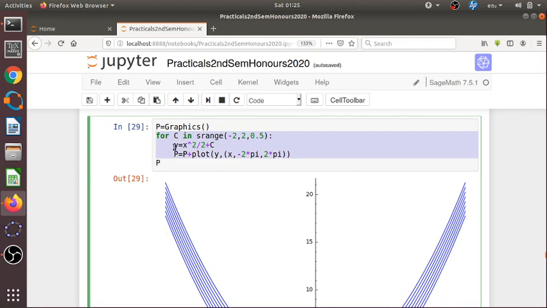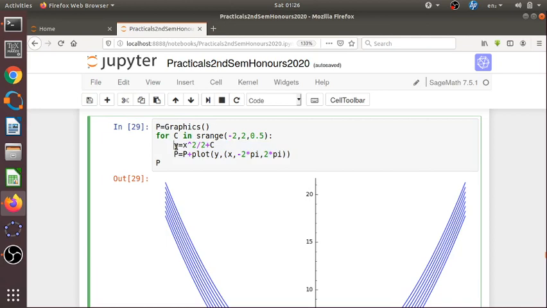That means the same command y equal to x square by 2 plus c, and whatever you write inside this loop, will be executed repeatedly. So this is the work of the loop. Initially it starts with c equal to -2, so it will plot y equal to x square by 2 minus 2.